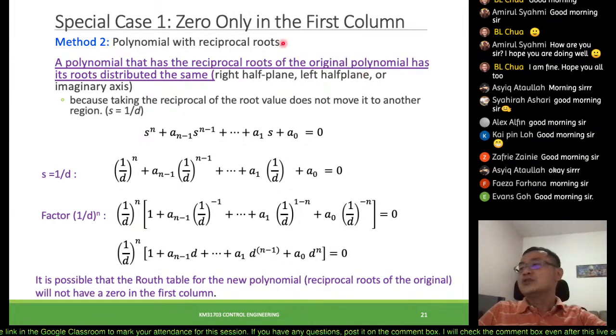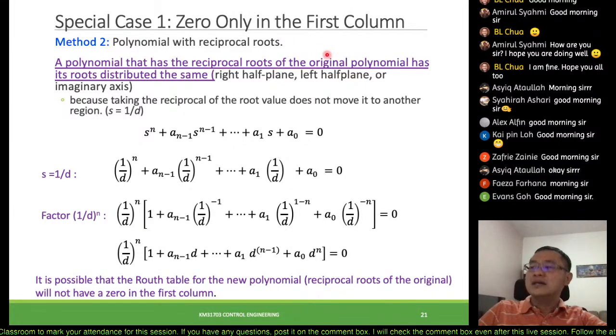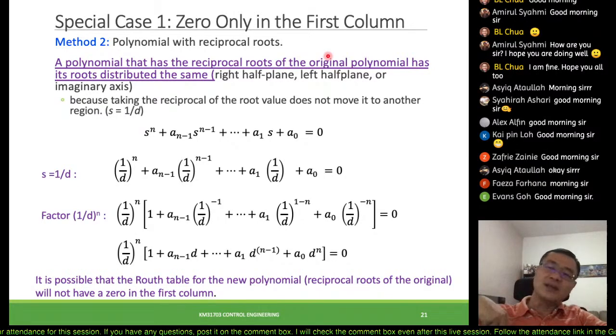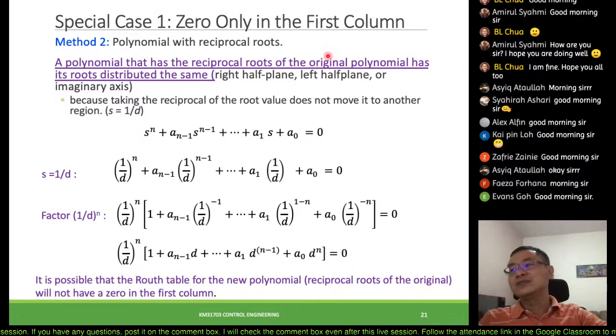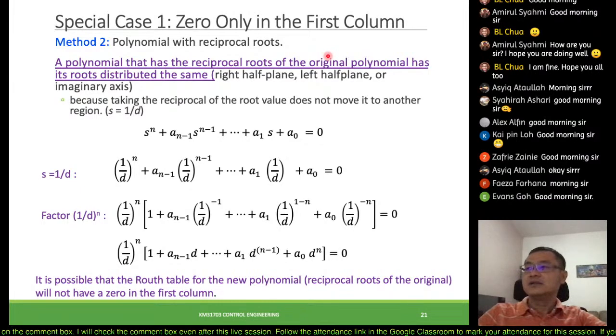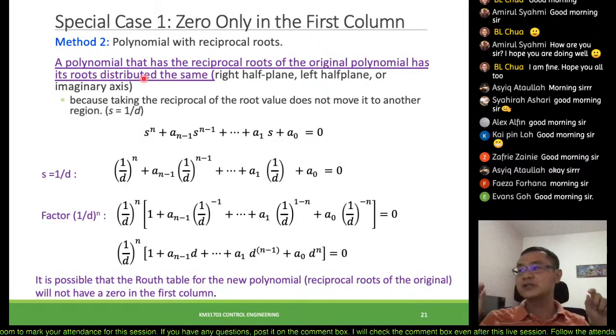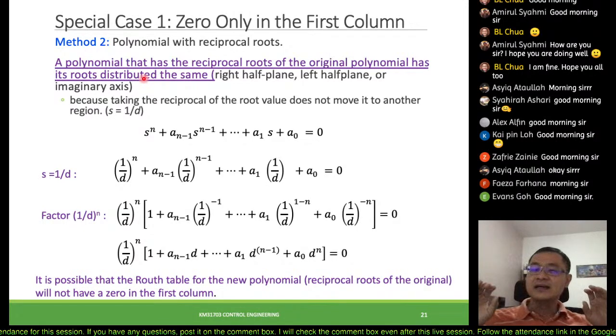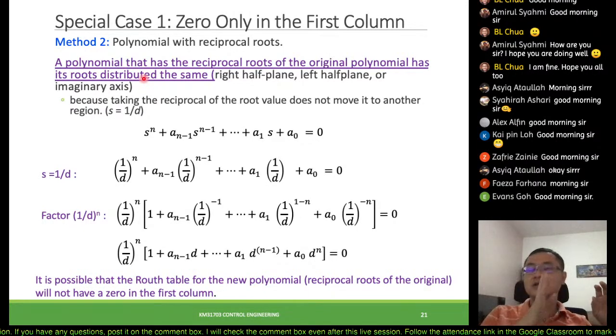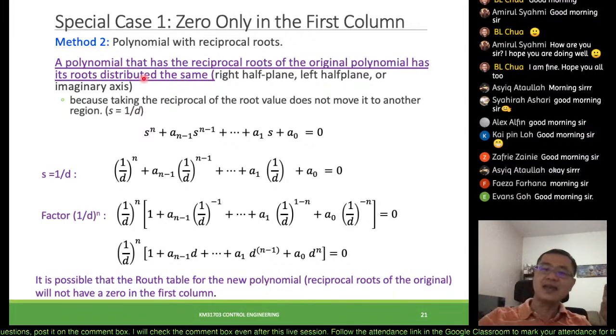So if our root is 1 over a number which is less than 1, then we can actually reverse the order. This is the idea of this method, that if we take the reciprocal of roots, then the original polynomial will have the same roots distributed according to the left half, right half, and the imaginary.